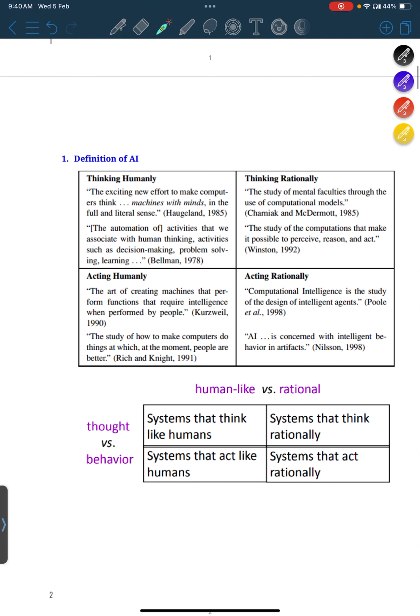As you can see, most of the definitions of AI are categorized into two things: human-like behavior and rational behavior.